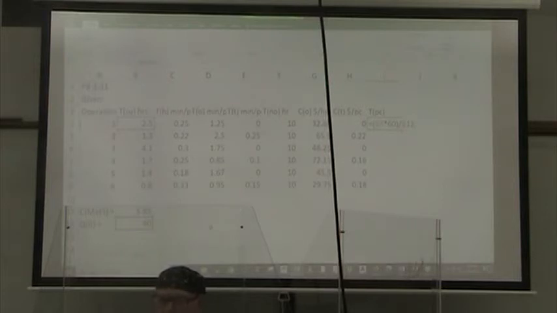Plus our handling time per piece, plus operation time per piece, plus, oh, actually, that's everything.